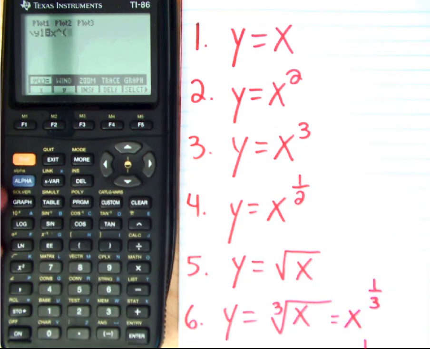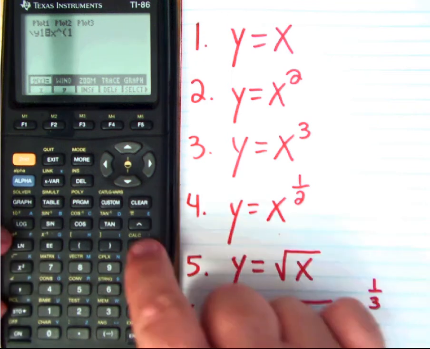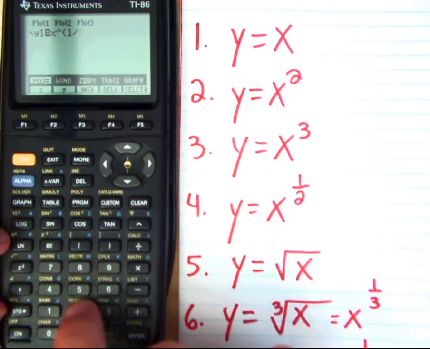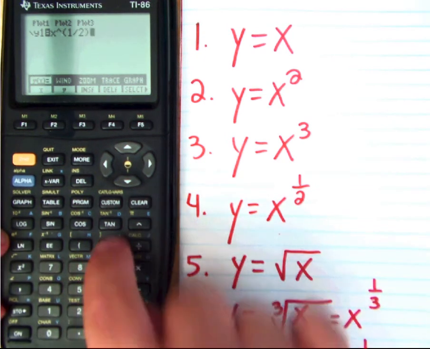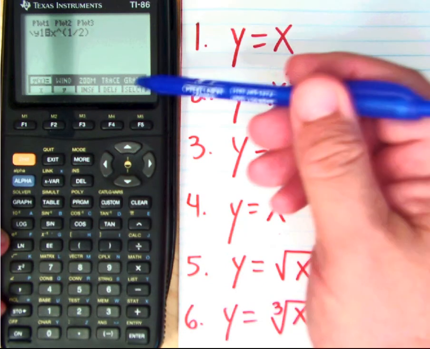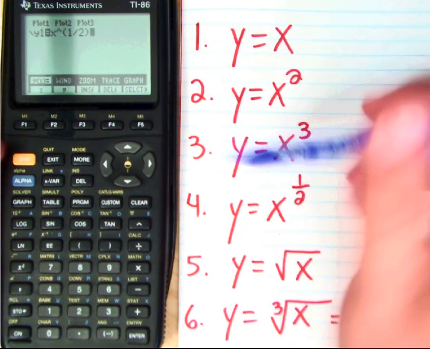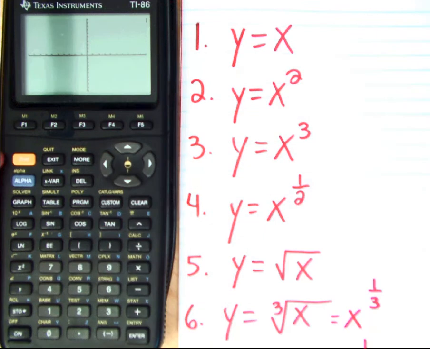So we do beginning parentheses 1 divided by 2, and then closing parentheses, and then graph. Graph is in the second bar here, so I do second F5. There it goes.